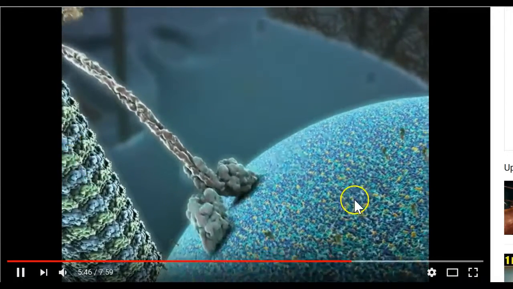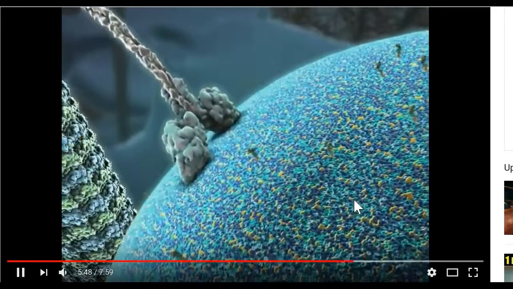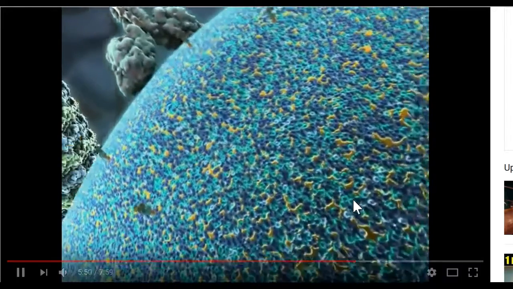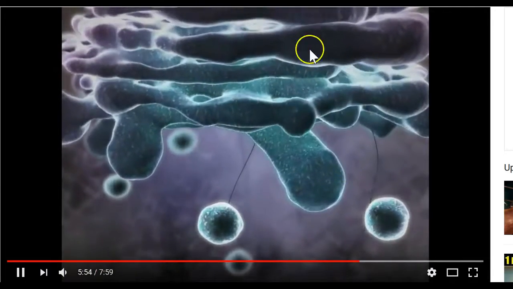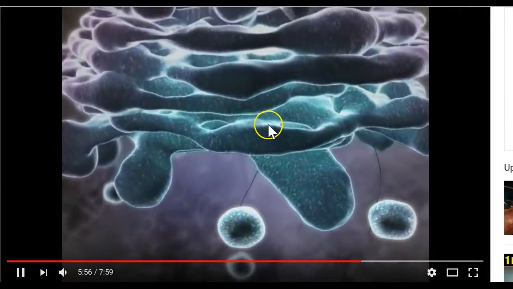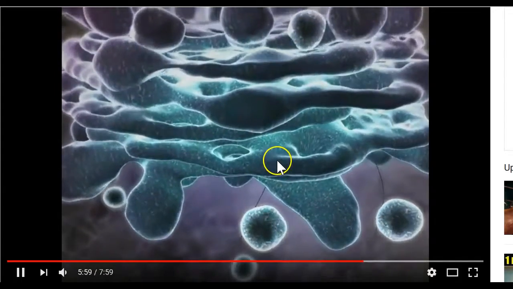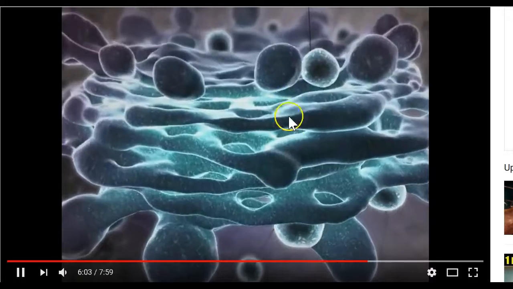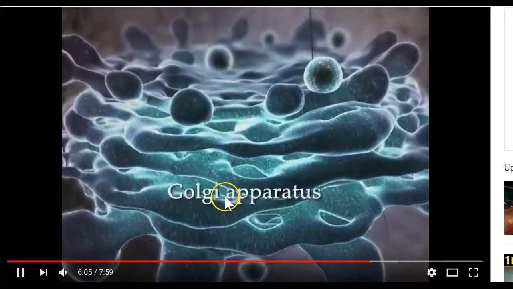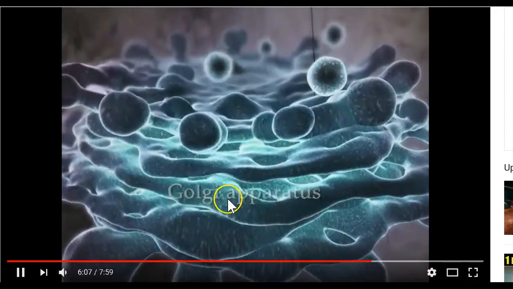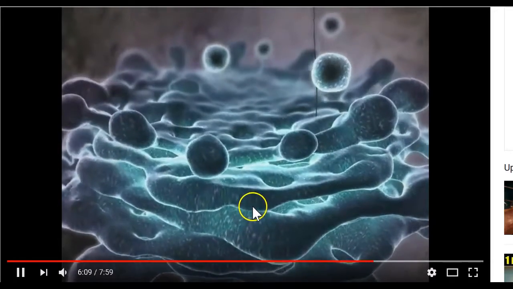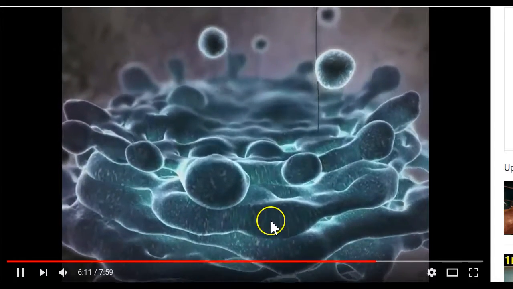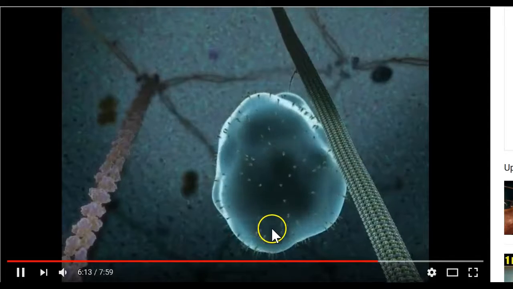And the membrane structure of this is the same membrane structure as the plasma membrane, so it's going to be able to bond and fuse with that. Here's the Golgi apparatus, stacks of flattened sacs arranged 3 to 7 sacs per stack. It looks kind of like a lava lamp, and these are the vesicles that are fusing with the Golgi apparatus to continue the sorting, the packaging, and the chemical modification of proteins.